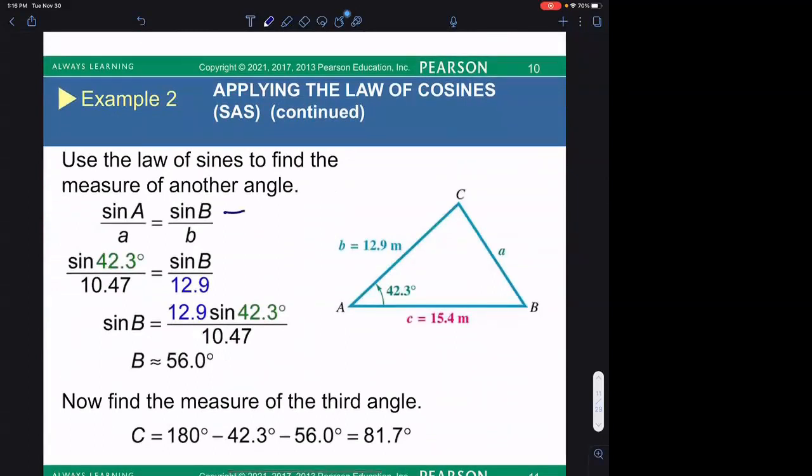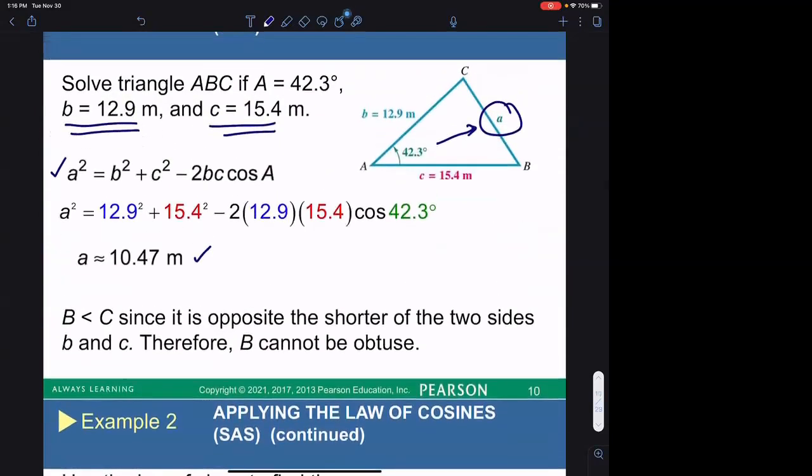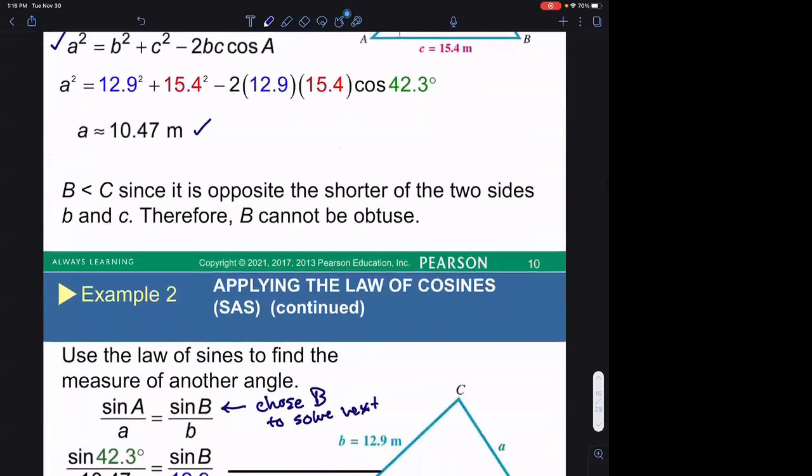But notice they chose B to solve next. They're not stating it explicitly, but the reason they chose B to solve next here is because it cannot be obtuse. It's the smaller of the two sides here. And so for that reason, they're saying the process goes more smoothly if you choose to solve for that next.